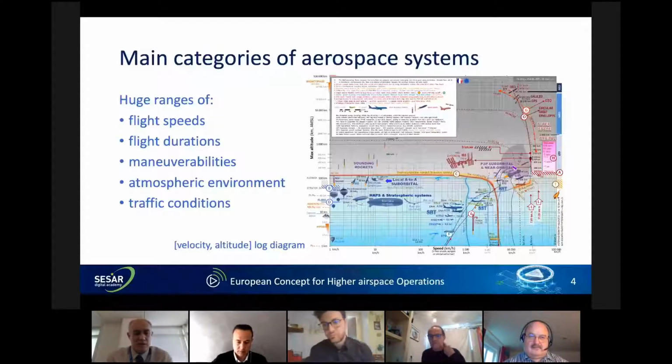And we will see that later. And then the traffic conditions, of course, are not the same for several reasons. One is the relative difference of speed, which can occur in some portions, in some volumes of the airspace.